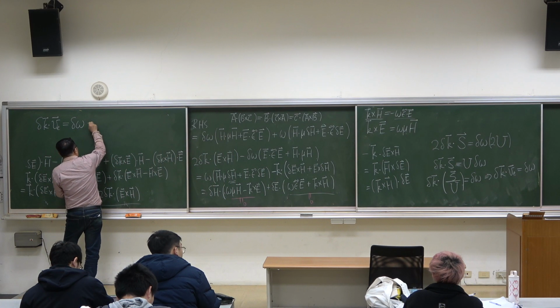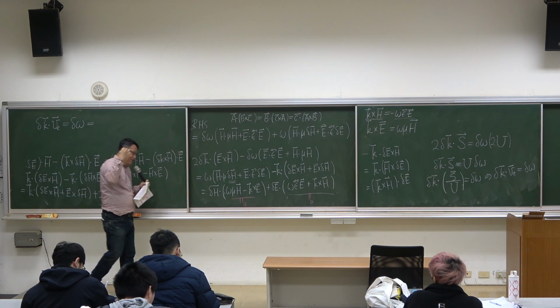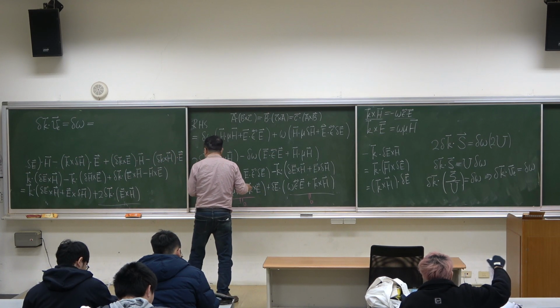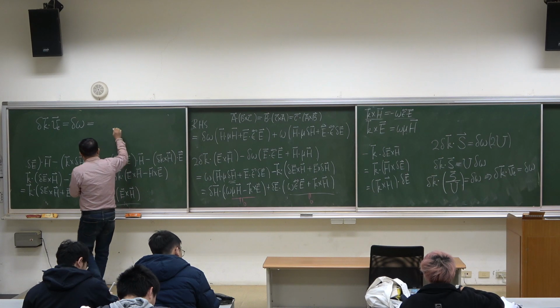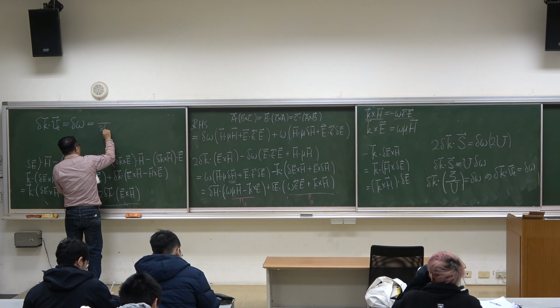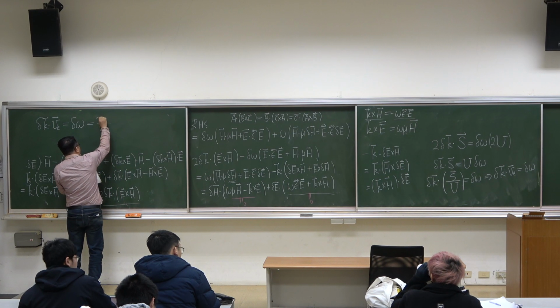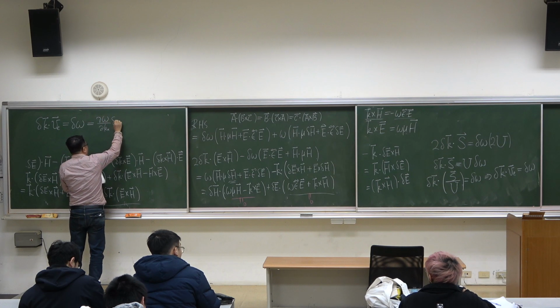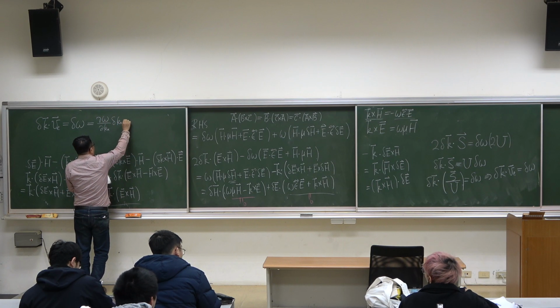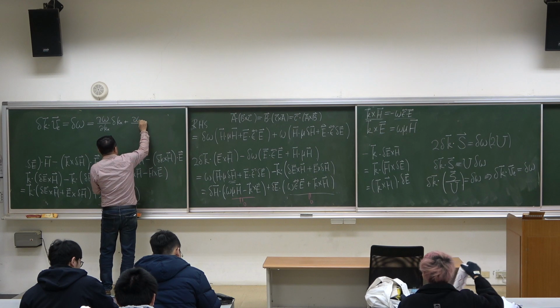However, if we do the variation of omega, this means that we change k to see the resultant change of omega.